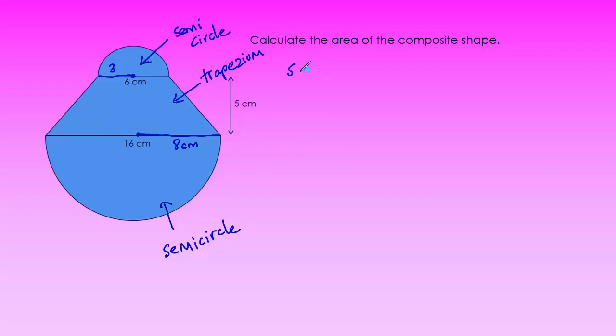So if we do the small semicircle, a whole circle would be pi times the radius squared, but of course we only have a semicircle, so we'll divide that by 2. Then we have the large semicircle. That would be pi times its radius squared, but of course it's a semicircle, so we divide by 2.